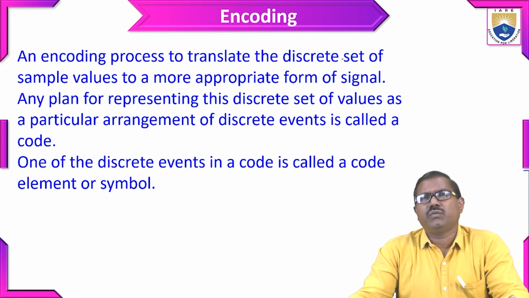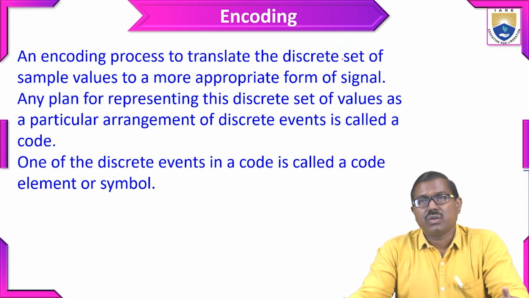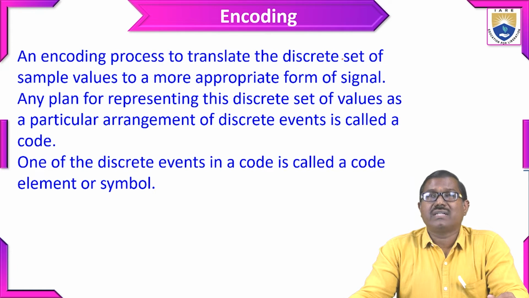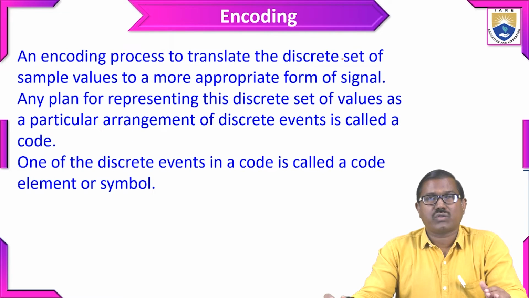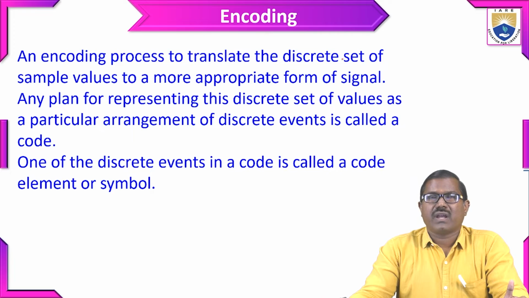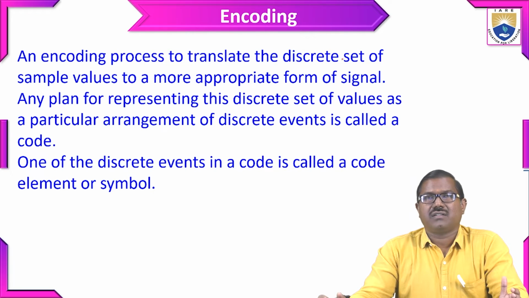And after sampling, we have quantizing, which converts the continuous amplitude into discrete amplitude. But here I am not discussing quantizing in detail, because in another session we have the quantization process and types of quantizers, where we will elaborate, since quantizing is a very important and vast topic.